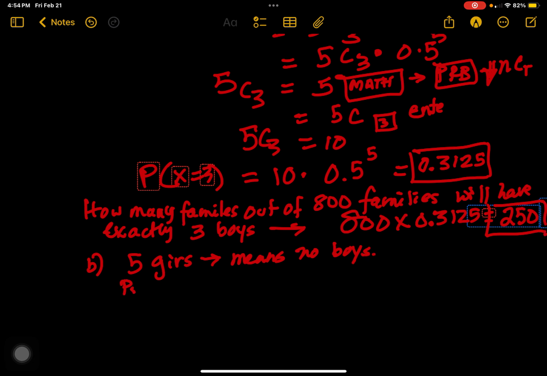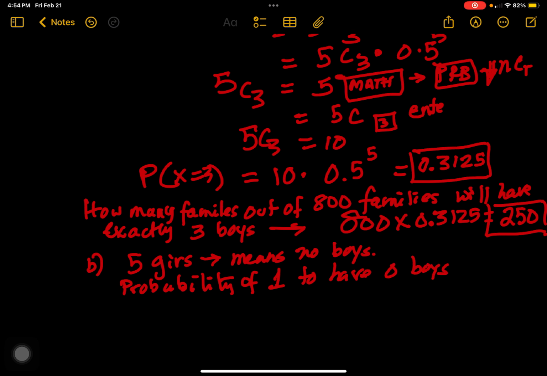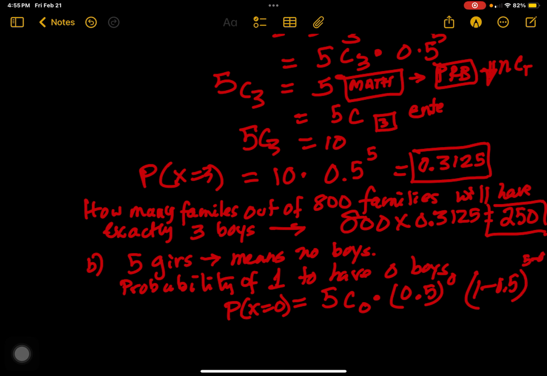So the probability for one family to have 0 boys, all 5 girls, is P(x equal to 0), which is 5C0, that means 0 items taken out of 5 without regard to order, multiplied by the probability of success 0.5 raised to the power of 0 because x is 0, and 1 minus 0.5 raised to the power of 5 minus 0.